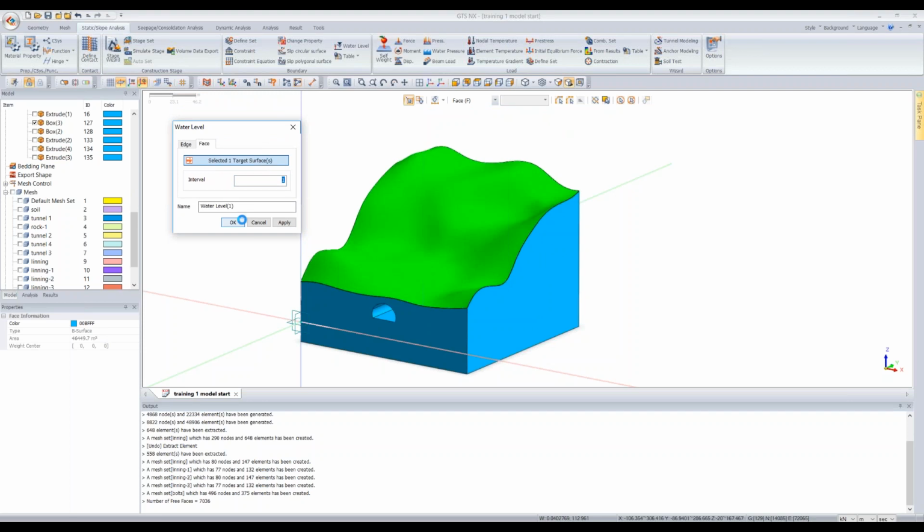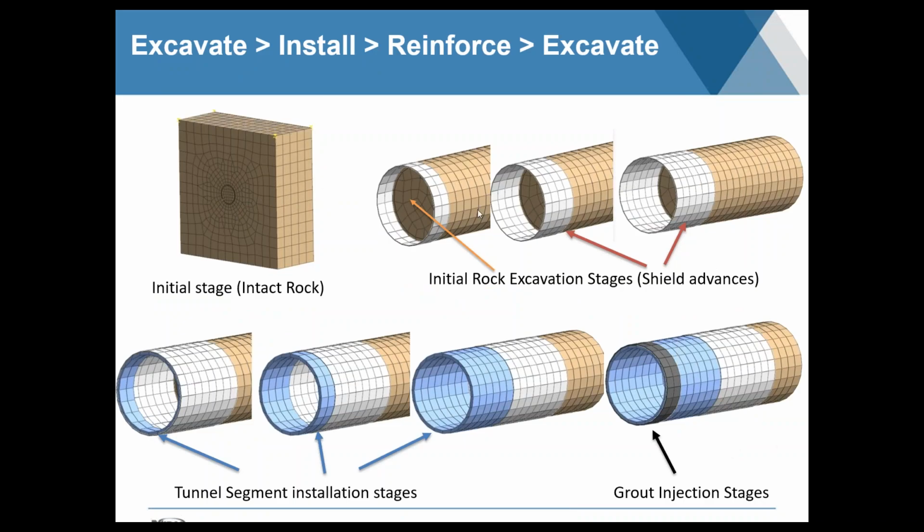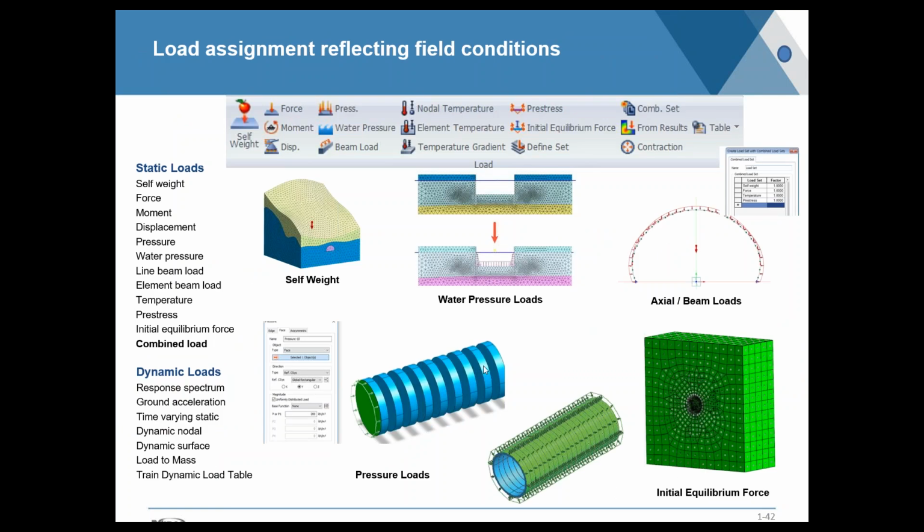And then we just activate it in the analysis control. So this is what I was referring to earlier about the change in the properties. Initially, the part of the segment is just rock, and it's excavated and then reactivated with a different material.